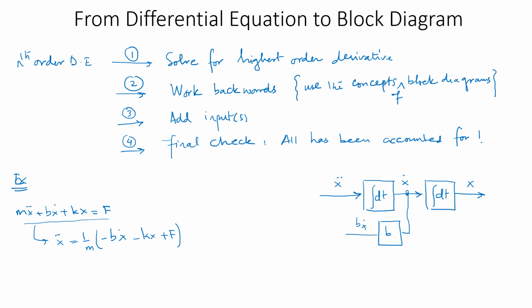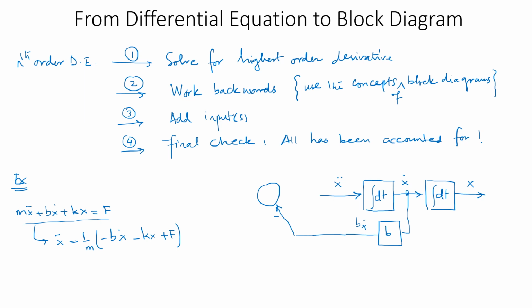So if you have this summing junction available somewhere, let it be drawn in a displaced manner. Let it be over here. So I can go all the way to that summing junction and provide this b x dot signal over there, but with a negative sign.